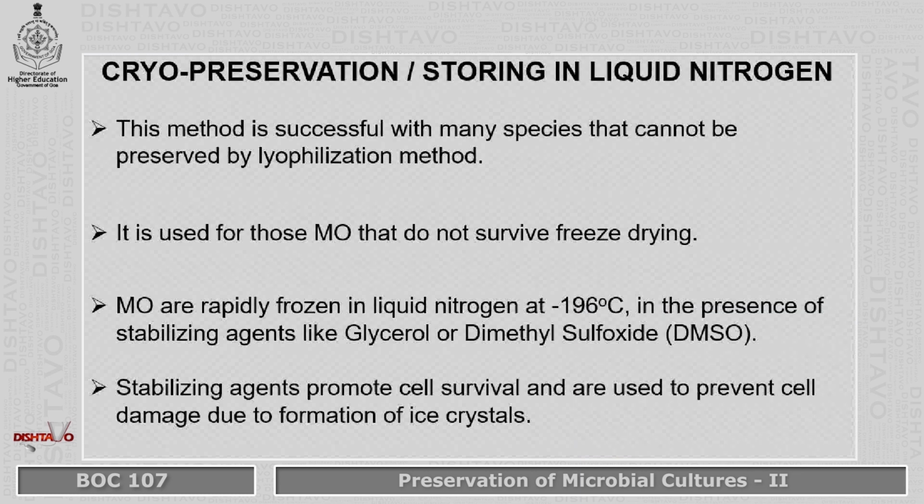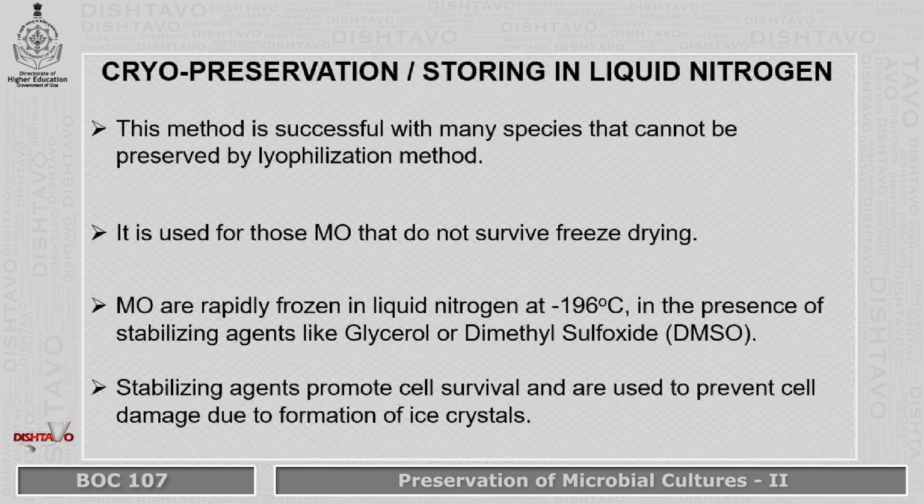The first one is cryopreservation, also called storing in liquid nitrogen. Now, this method is successful with many species that cannot be preserved by the lyophilization method. It is used for those microorganisms that cannot survive freeze drying.